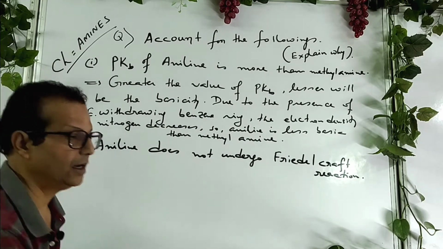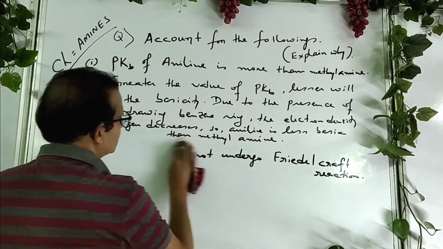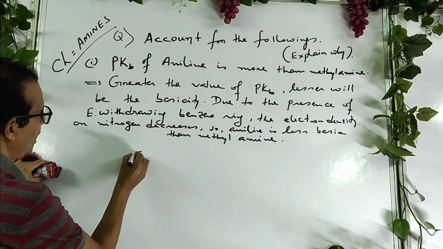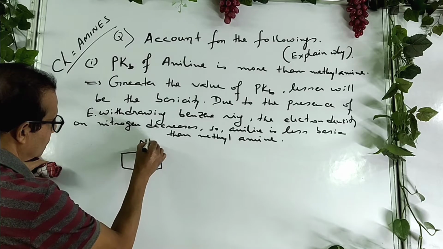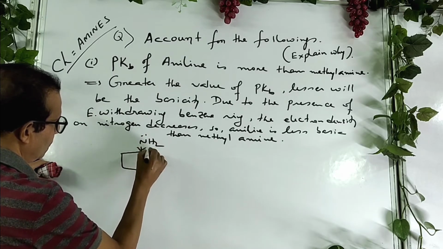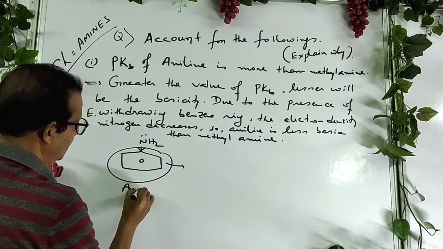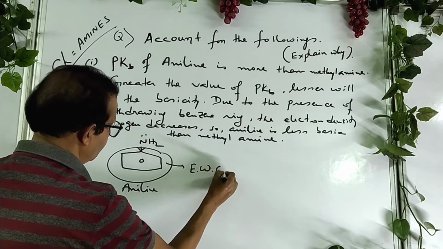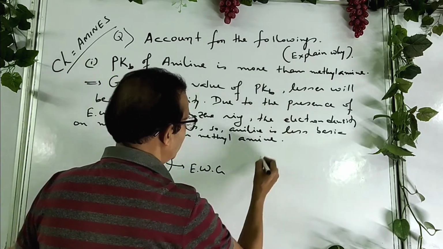And better draw the structure also, okay? Better draw the structure. Now draw aniline, so benzene has, this is aniline, electron withdrawing group, and draw methylamine.